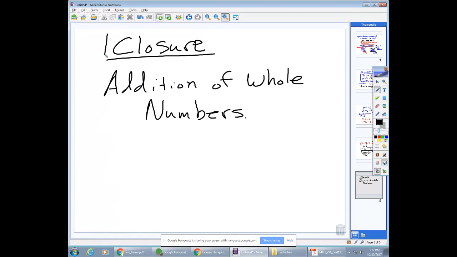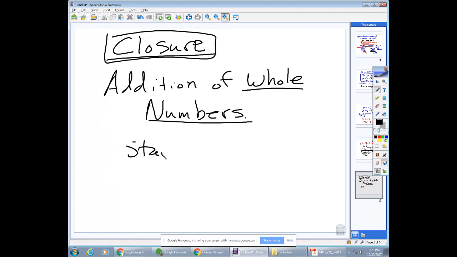To talk about the idea of closure, you need an operation like addition, subtraction, multiplication, division, power, something like that. And you need a group of numbers to work with. Here I'm working with the whole numbers. And what closure means is, if you start with whole numbers, you end with whole numbers. In this case, at least.